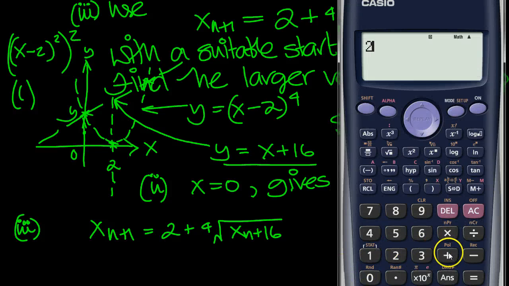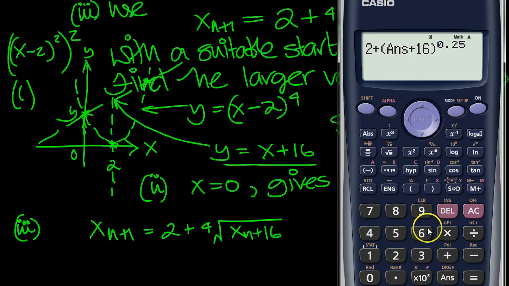It's 2 plus bracket, and we're going to put answer in here, so let's put 3 as the answer, and that's in memory. So I want 2 plus bracket answer plus 16 bracket to the power 0.25, because that's a quarter, so put it in as a decimal.